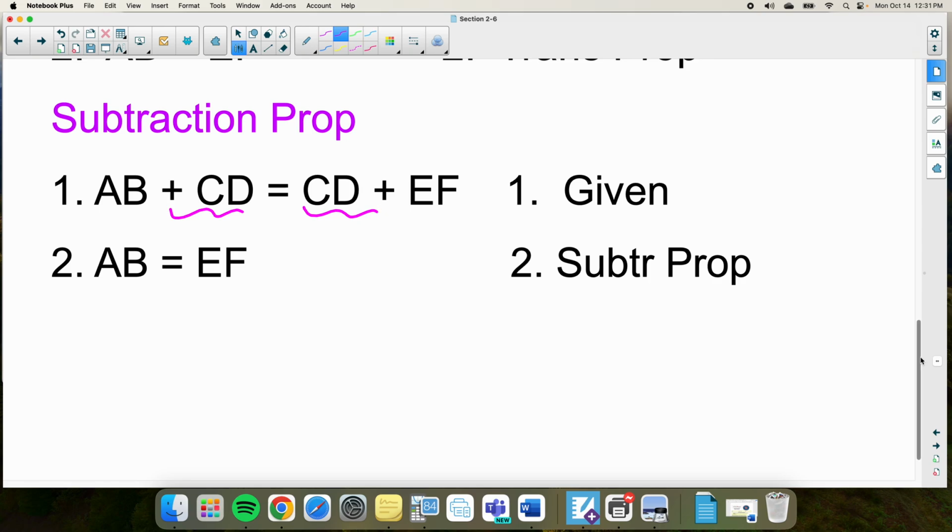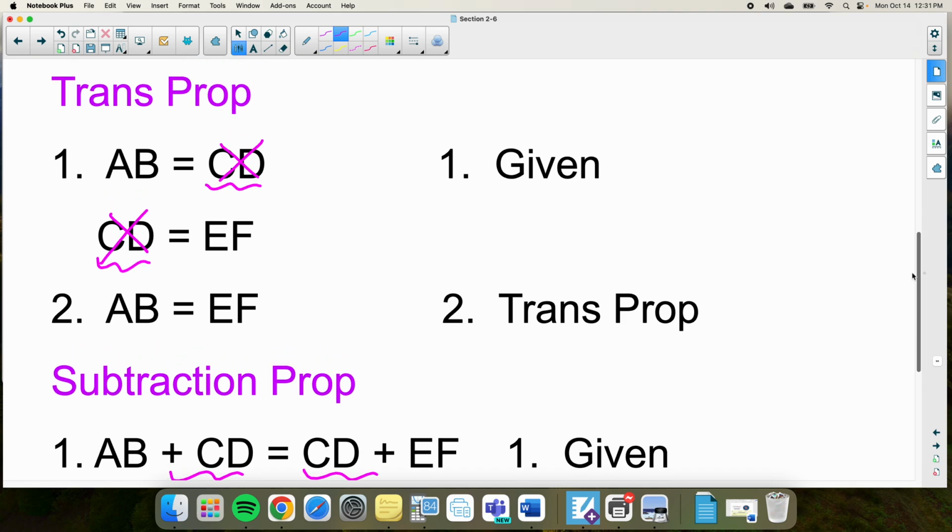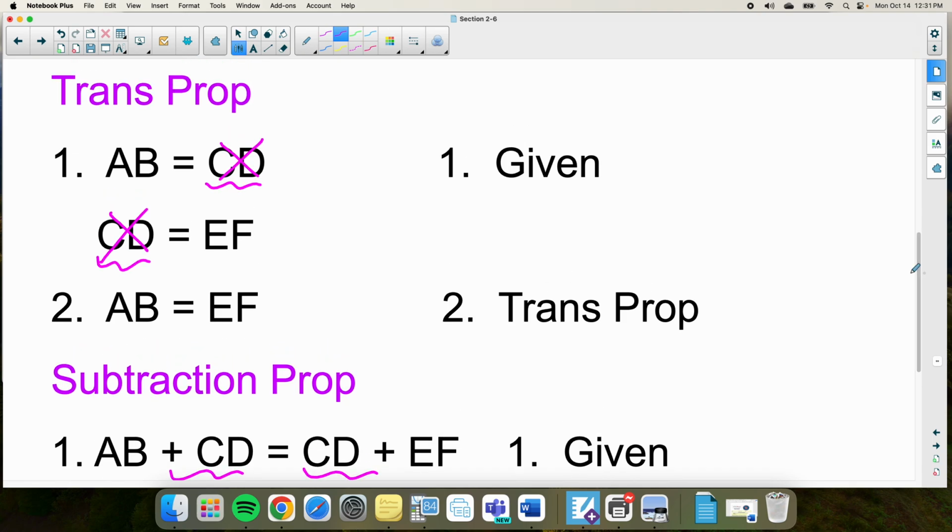Do you want to copy those down? Because you don't have that in your notes. Should I give you a second to copy it? So if you want to go to the back, you can copy this. If that's something that you think would help you, certainly do.